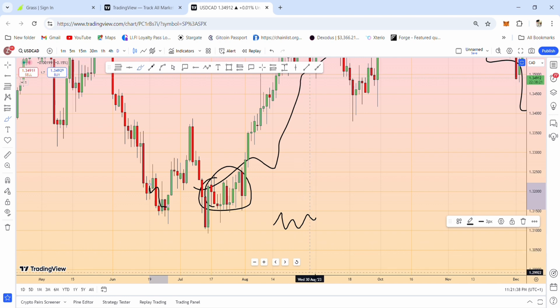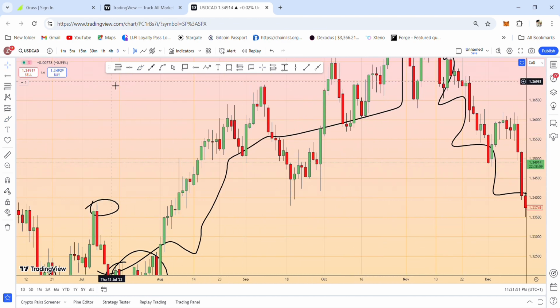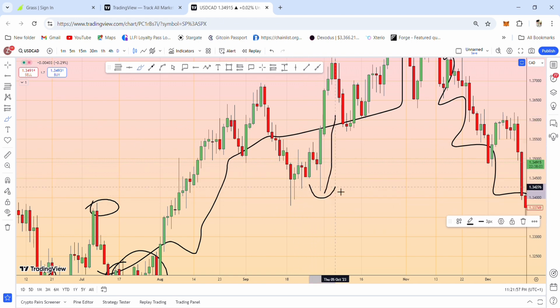We saw that the wicks, the things above the candle, tell us the price level where the buyers and the sellers have pushed the price to. For example, this candlestick went from here to here, so they pushed the price to this level before it got to this point.